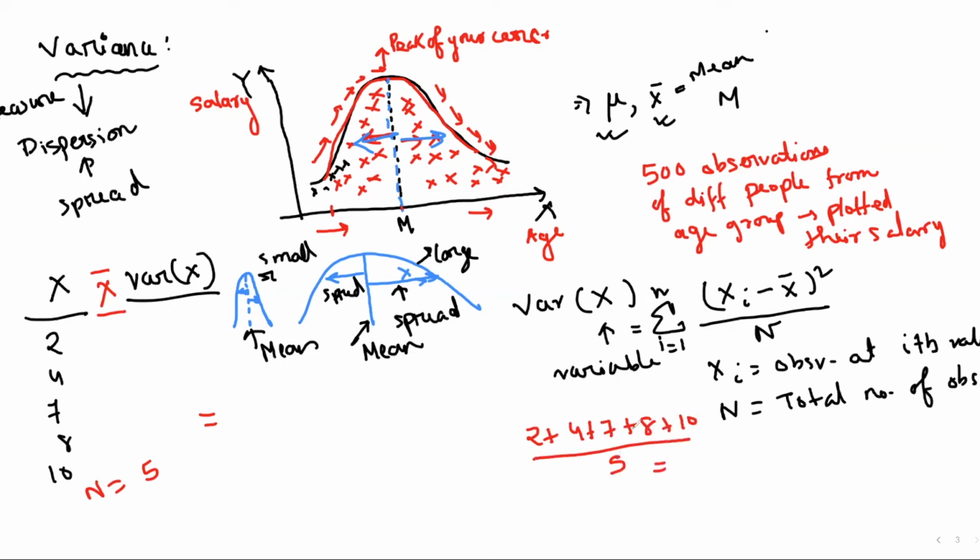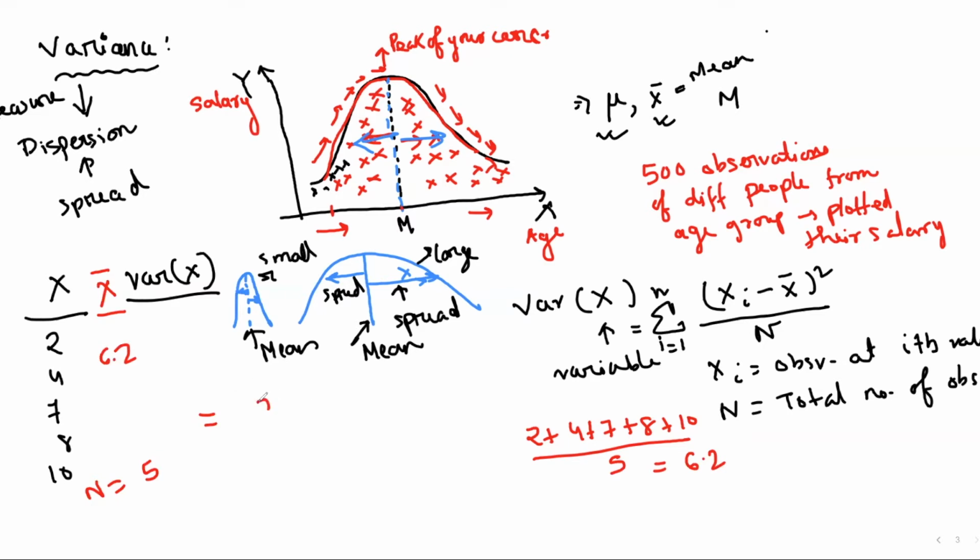This is the mean, right? So let me calculate again. 2 plus 4 plus 7 plus 8 plus 10 divided by 5. So it is 6.2. So the mean is 6.2. So how will we calculate the variance?